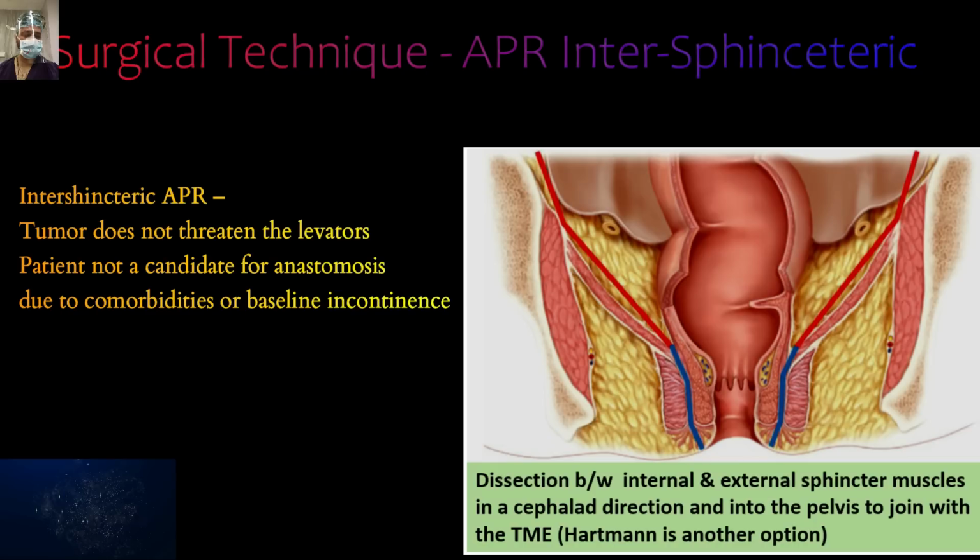There is no point in doing an ultra-low or coloanal anastomosis, so we simply cone and go between the two sphincters, the internal and external sphincter, as outlined in this blue line, and take it out. The potential advantage is a smaller perineal defect and lesser morbidity in the postoperative period.